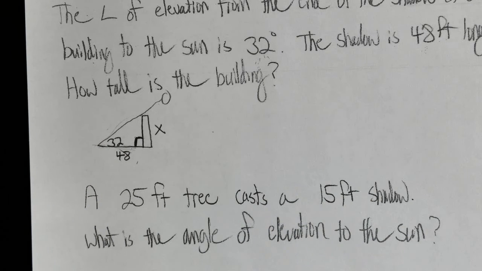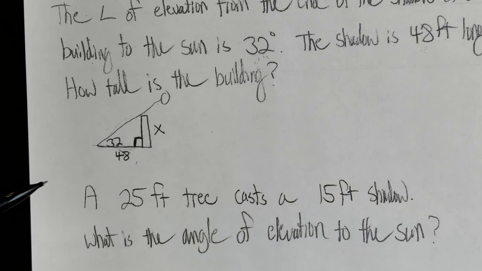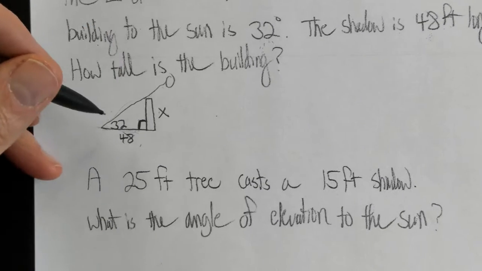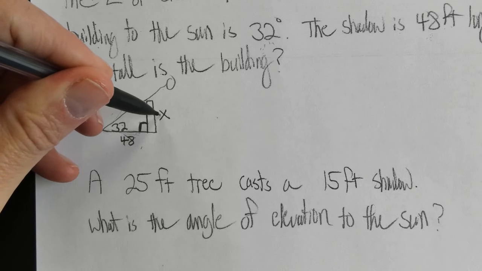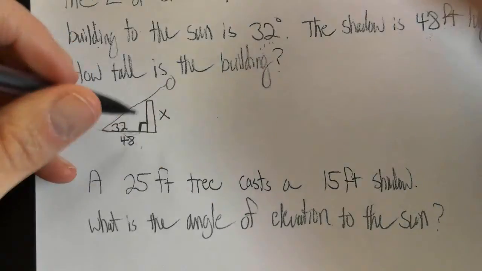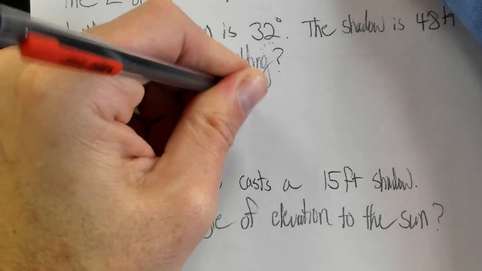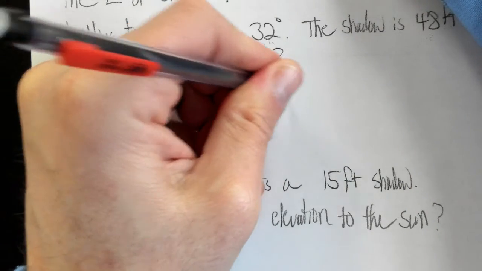Now that I've made the drawing and filled out the right parts into the right place, I can see that I've got a right triangle where a value is missing. I can use my trig functions. Which trig function should I use? Just like we did in the last lesson, here's my reference angle. I have the opposite and I have the adjacent, so I'm going to be using tangent. Tangent of the angle equals opposite over adjacent.